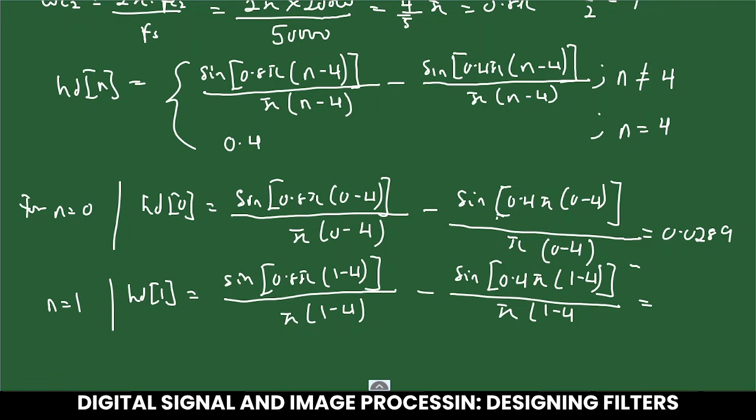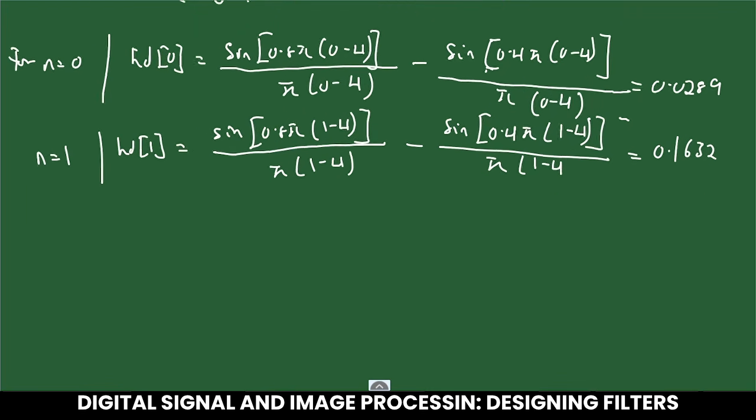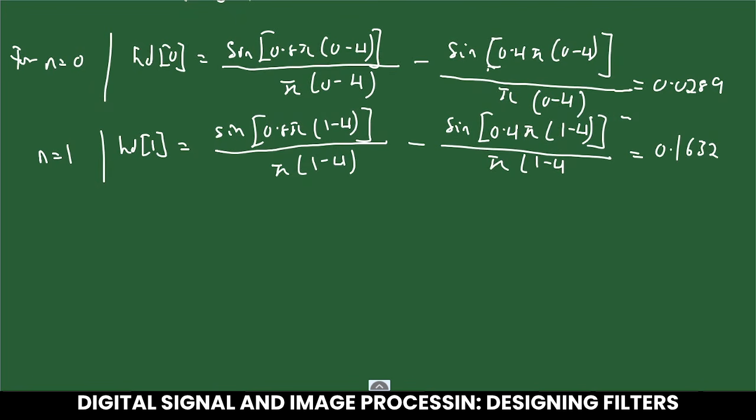So this one should give you 0.1632. So you have to do this for n equal to 0 up to 8. At the end, you should have 9 values.